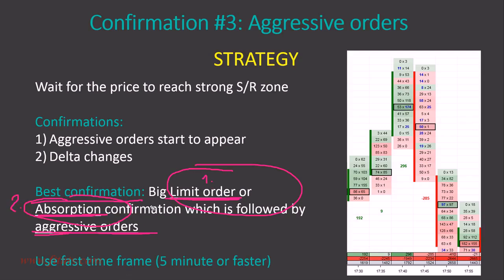So if you see any of those, and then aggressive orders start to appear, so in this case, this would be either a limit order, the 174 contracts looks like a selling limit order, and afterwards aggressive selling orders start to appear. Those selling imbalances. Right, so this is the confirmation setup number 1.